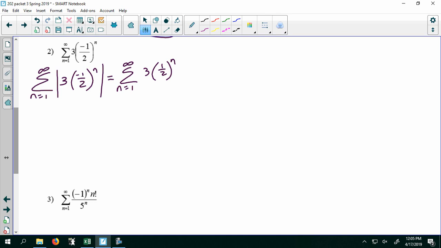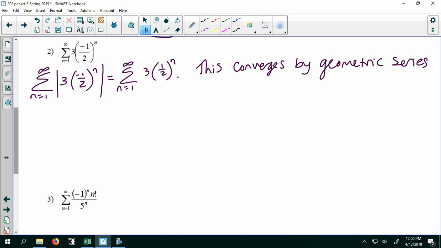And this is a geometric series with a multiplier of 1/2, which is between -1 and 1, so it converges by the geometric series test.